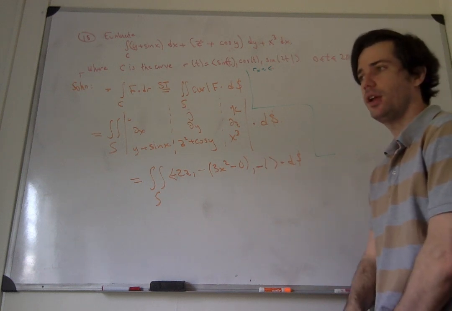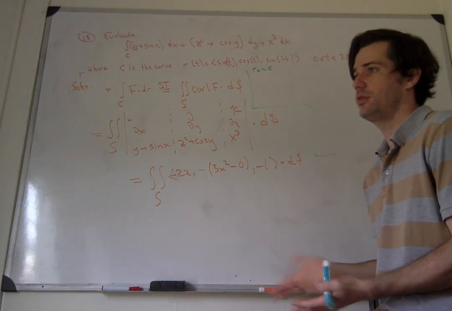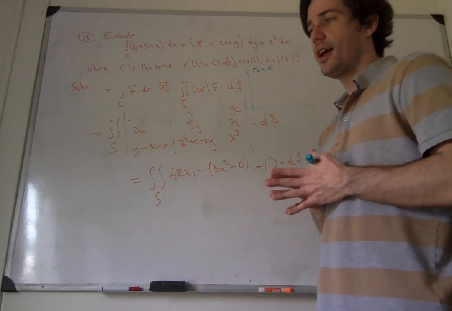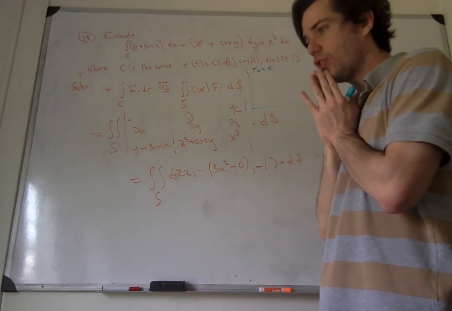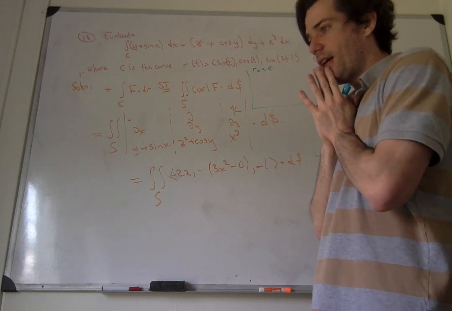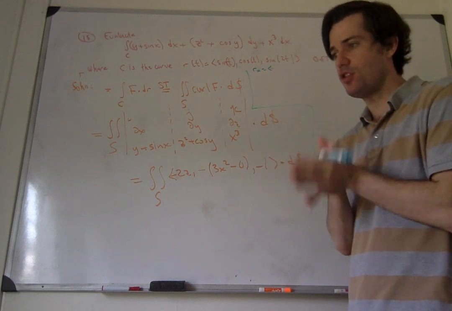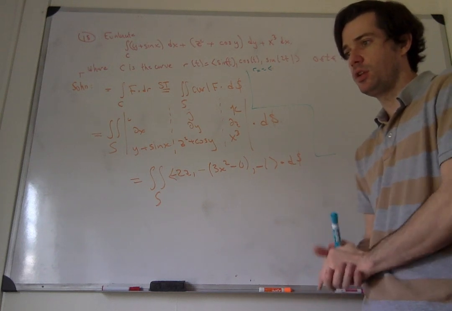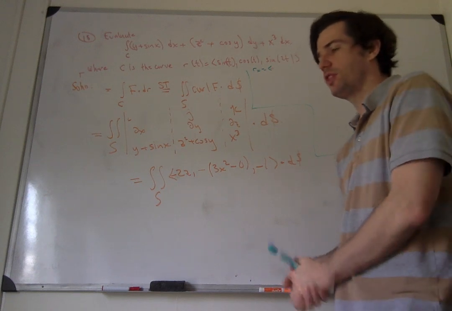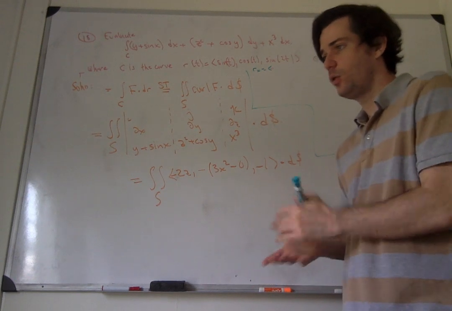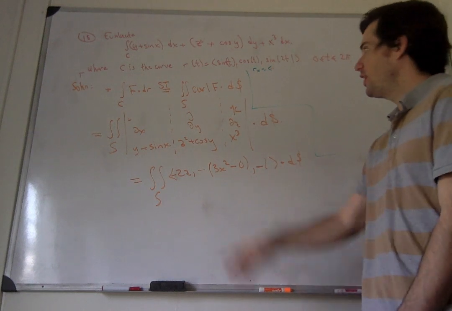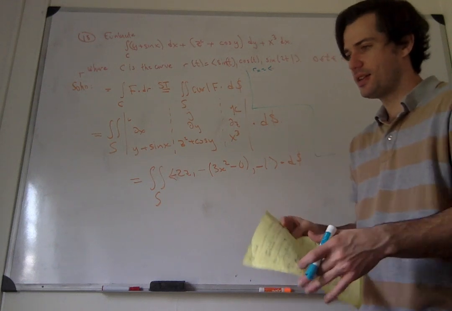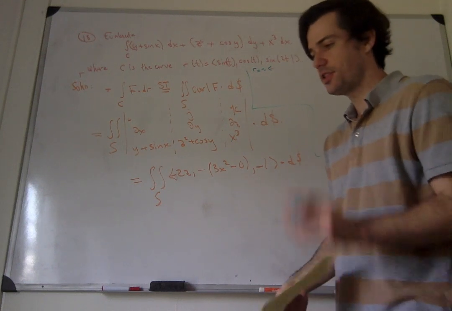Not really, right? So I don't have x, y, and z. I don't have regular x's and y's in here. I have t's, and I guess you could say that if I have a t, then I have a u and a v, where u is a constant, say 1, which would be the radius, and then v would be t. But then I got to deal with sines and cosines, taking derivatives of that, and that does not sound fun at all.